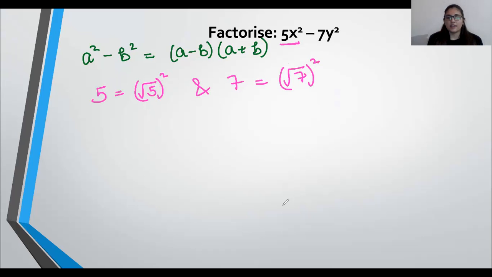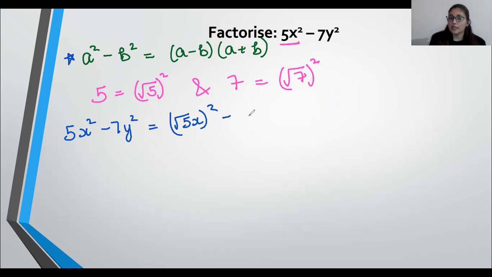Now, how can we rewrite our question? It is 5x squared minus 7y squared. We need the whole square of that number, then only we can apply our given identity. So it is root 5x whole square minus under root 7y whole square. Good. Now you can separate the terms.